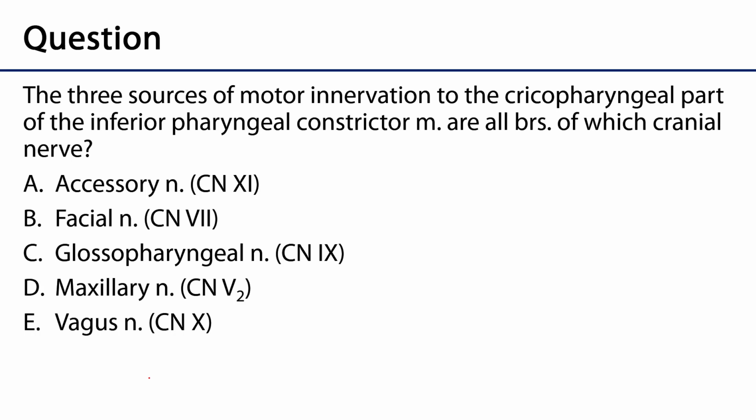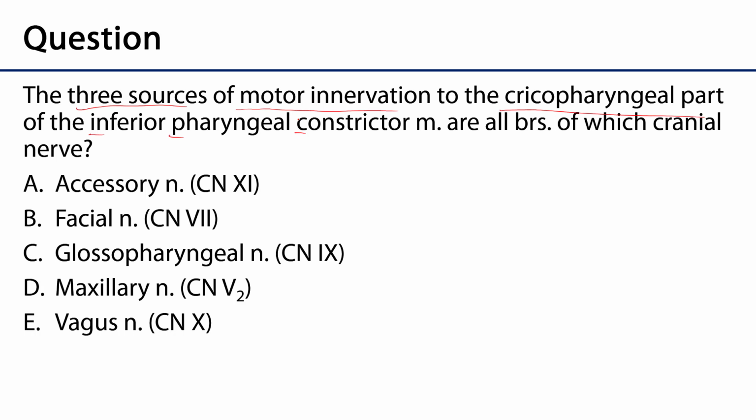So let's look at this particular question to assess what we've come away from this particular video with, among other things, I hope. So there are 3 sources of motor innervation to the cricopharyngeal part of the inferior pharyngeal constrictor. All of these are branches of which cranial nerve?